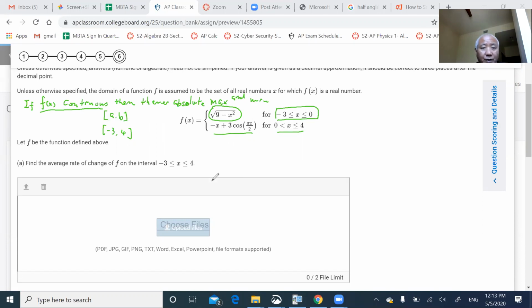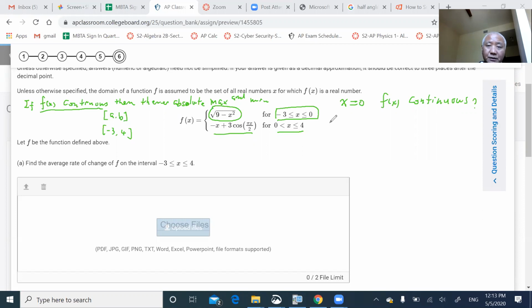So the only point where it may not be continuous is at x equals 0. So I'm checking right now, okay? I check whether f(x) is continuous at x equals 0. We don't know right now.